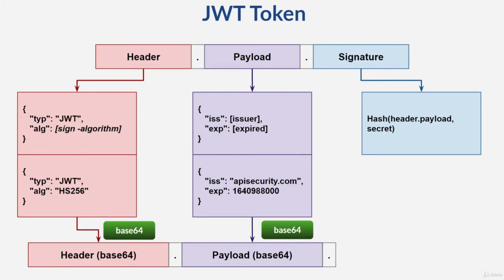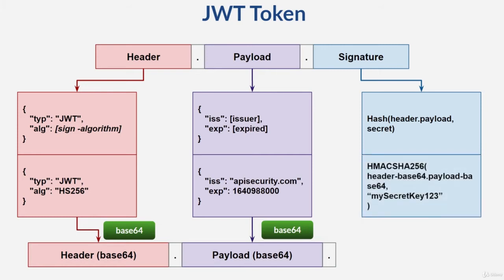Unless someone has the secret key, they cannot decrypt this information. So this is where JWT gets secure. In this example, we hash using the HMAC SHA-256 algorithm as defined in the header, and the secret key is my secret key 123. The third JWT token part is the hash string in base64 encode.